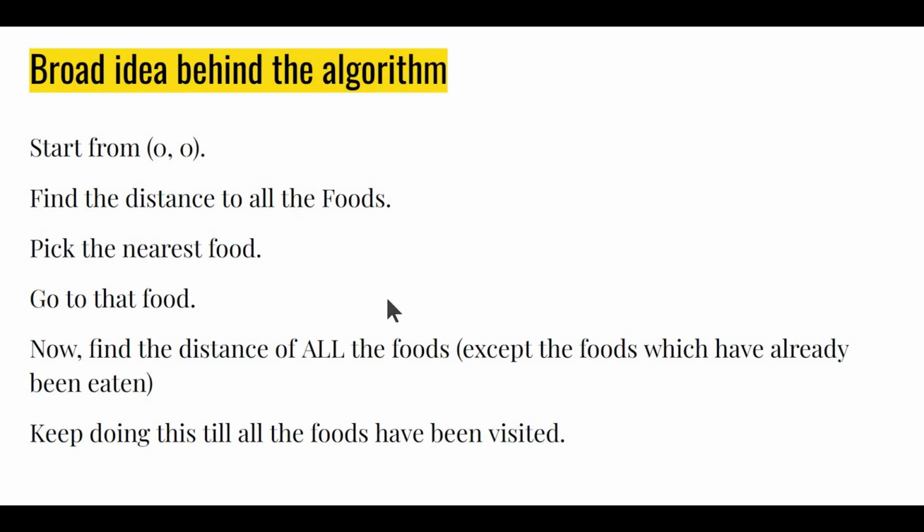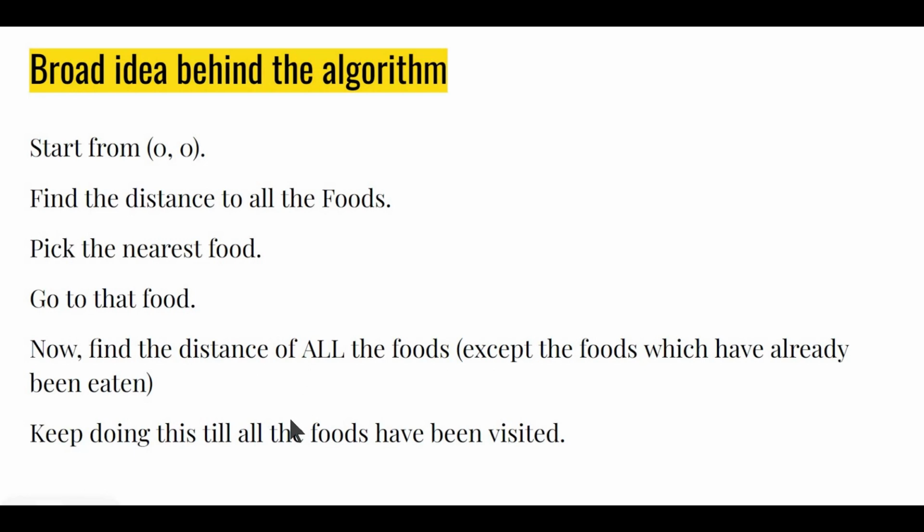Remember, I start from 0, 0. From 0, 0, I'll find the distance to all the foods that are there. There are 10 foods to start with, and I'll pick the nearest food and go to that food. Once I've gone to that food, I'll repeat this exercise: I'll find the distance of all the foods, except the foods that have already been eaten, from this food. And I keep doing this till all the foods have been visited.